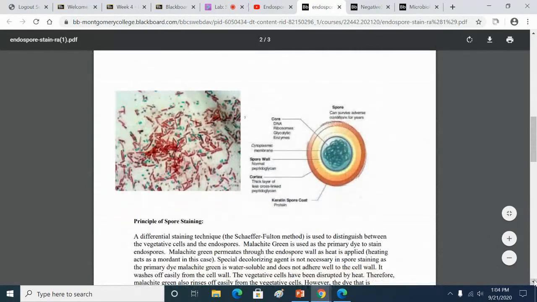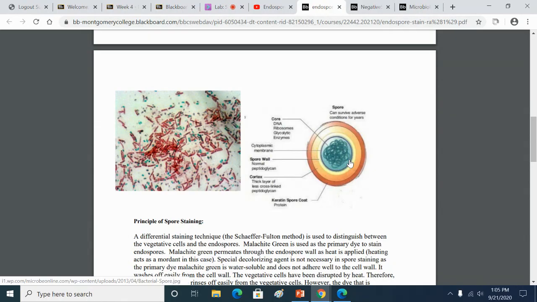So here we see that tough, thick spore coat, which helps to protect the chromosome inside. When favorable conditions return, the spore germinates and will form a brand new cell, which will then start to replicate and divide.